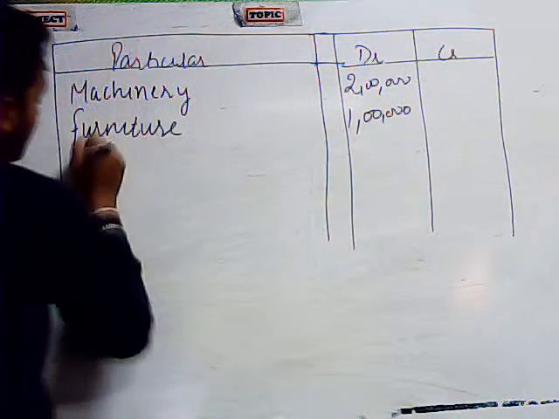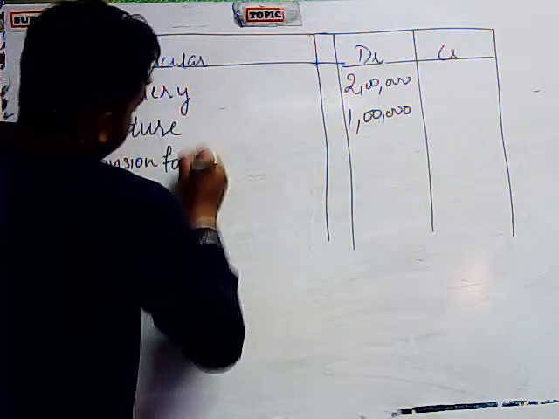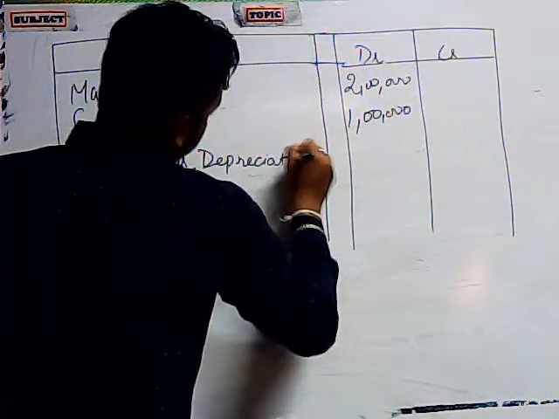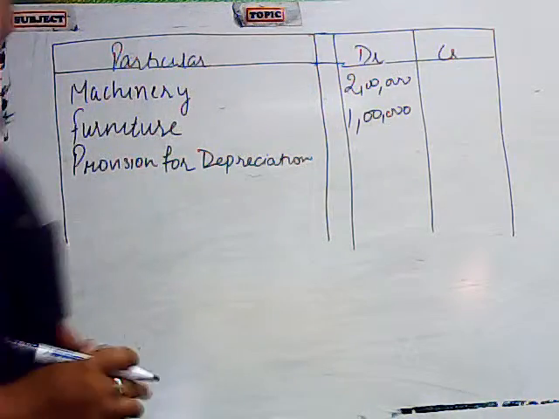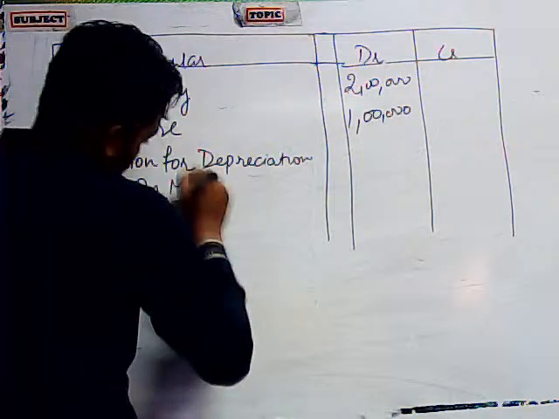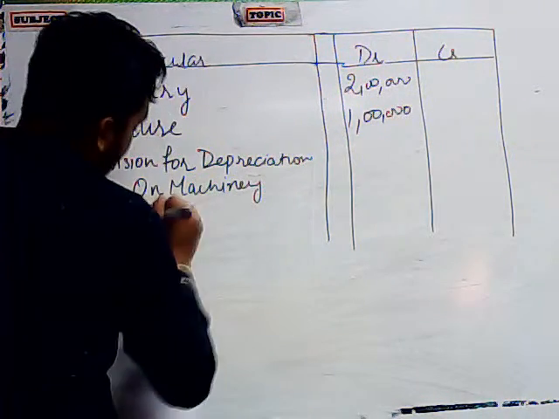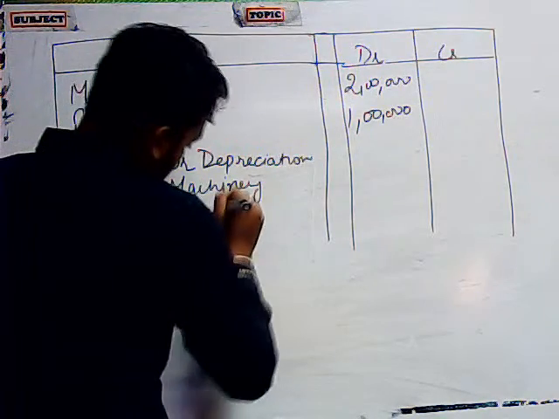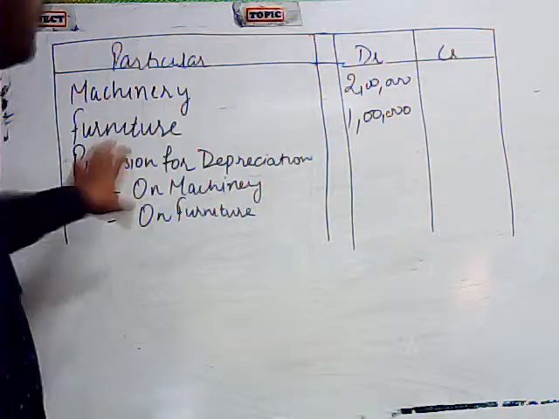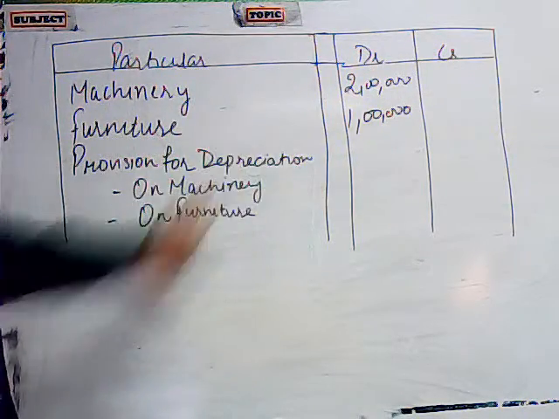Now here you are having one more piece of information, that is provision for depreciation. The provision for depreciation is there on machinery and on furniture. Okay? Please everyone, you have to write this statement in your notebook because I have to write this statement after that.